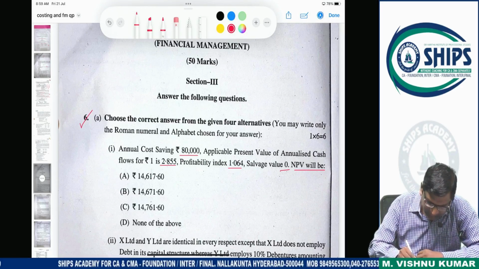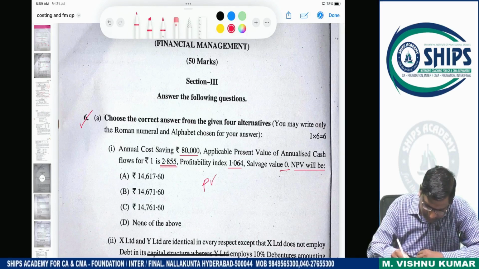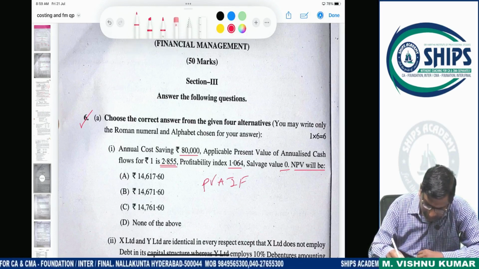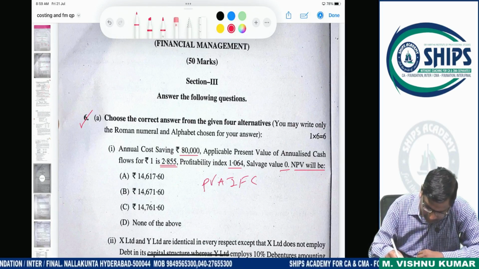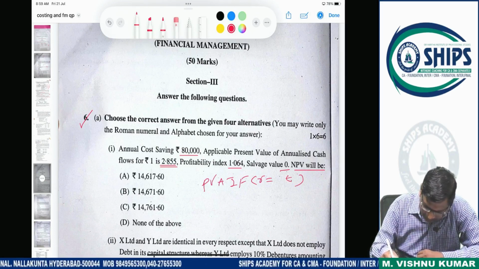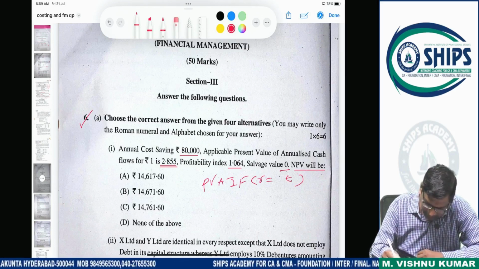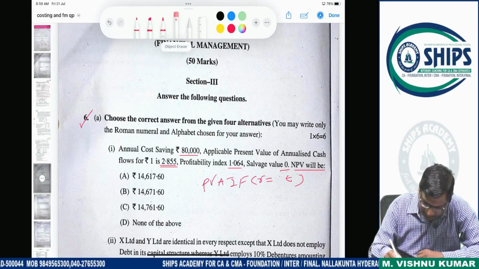The first assumption is that this 2.855 is the present value of annuity interest factor. Whenever we discuss the present value of annuity interest factor, it is for a particular rate and time period. Here rate is not given, and time period is also not given.